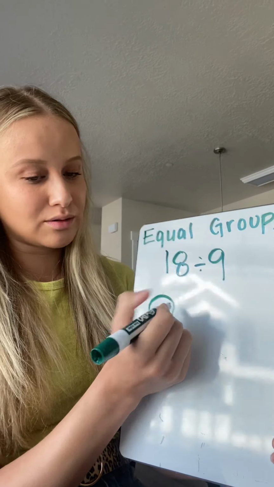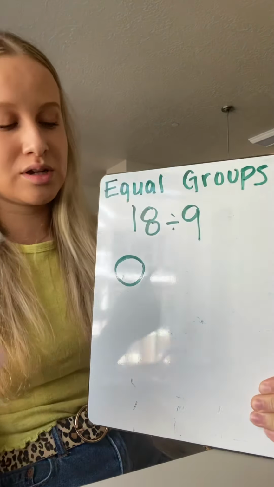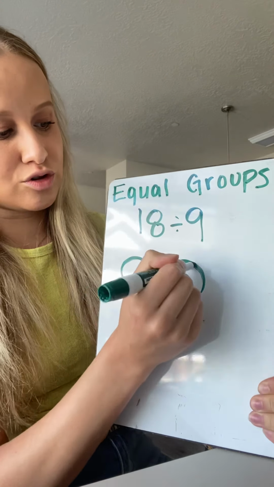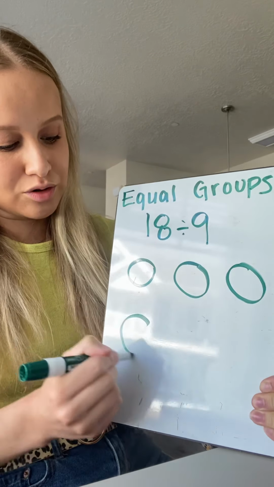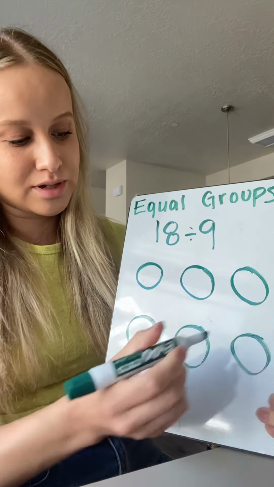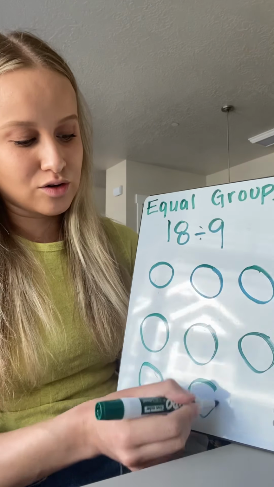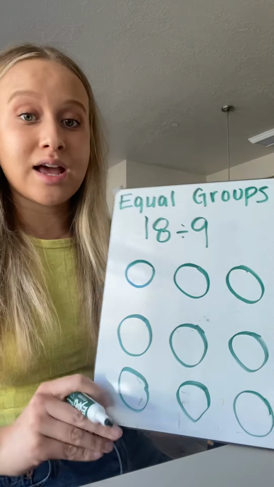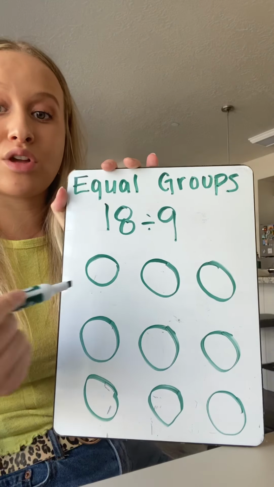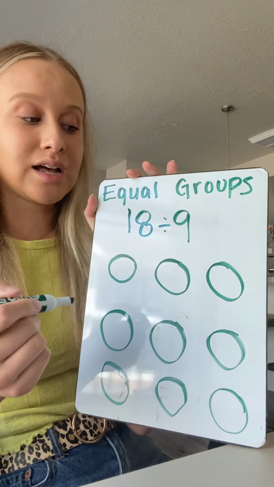So here's one group, 2 groups, 3 groups, 4 groups, 5 groups, 6 groups, 7 groups, 8 groups, 9 groups. And now I'm going to fill in each with a dot until I get to 18.